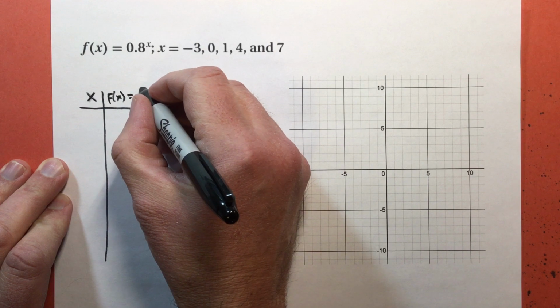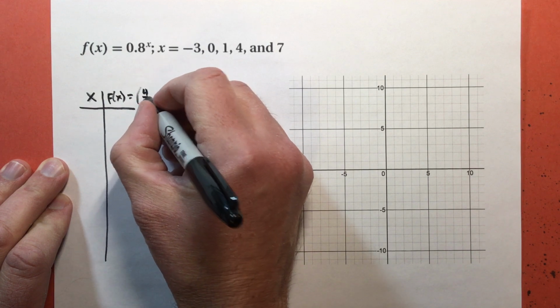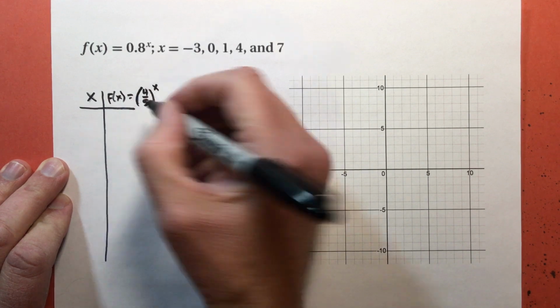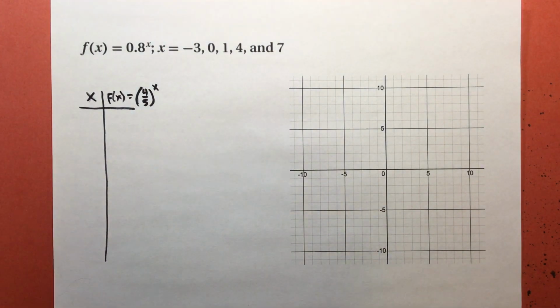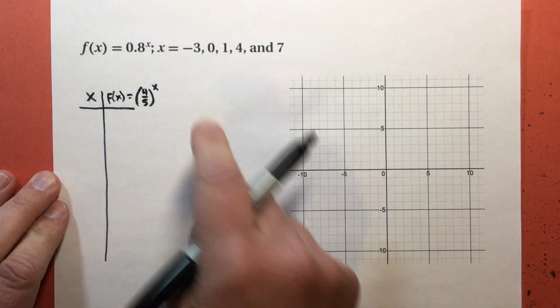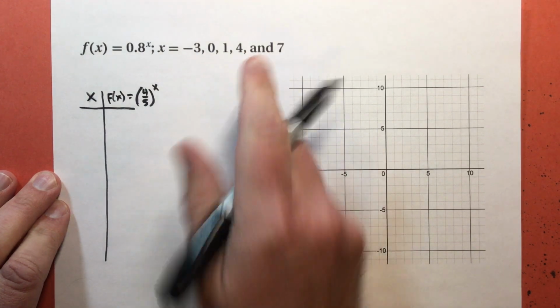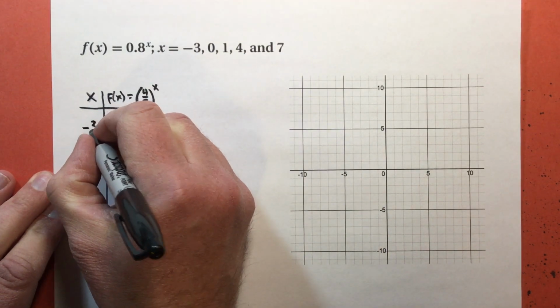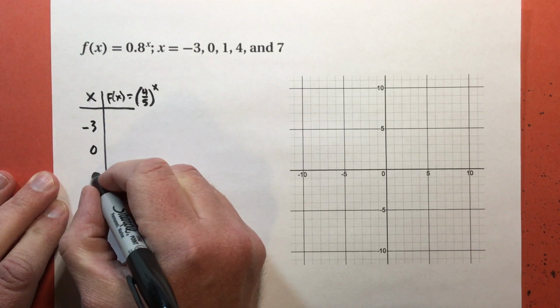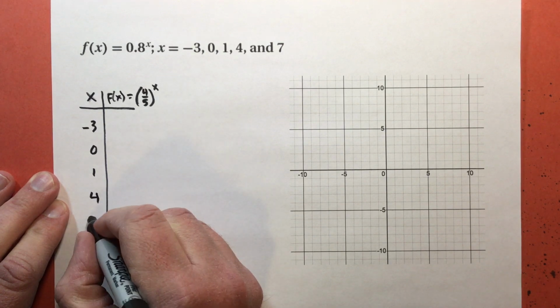I'm going to call that 4/5 to the power of x. Why? Because I know the powers of 5 and I can figure out the powers of 4. The powers of 0.8, that might be a little tricky. I'm supposed to use -3, 0, 1, 4, and 7. Okay. -3, 0, 1, 4, and 7.